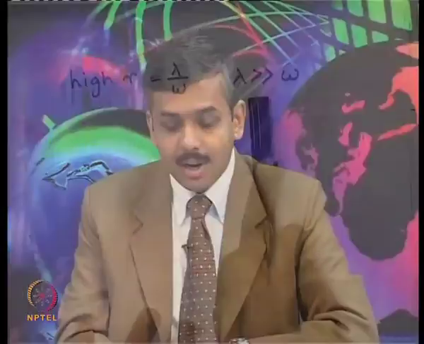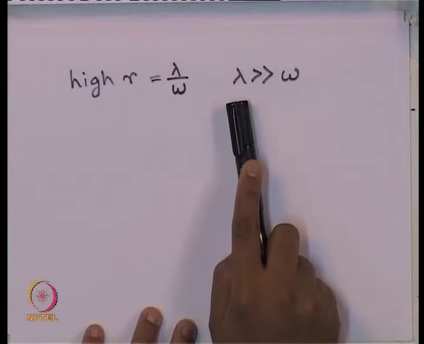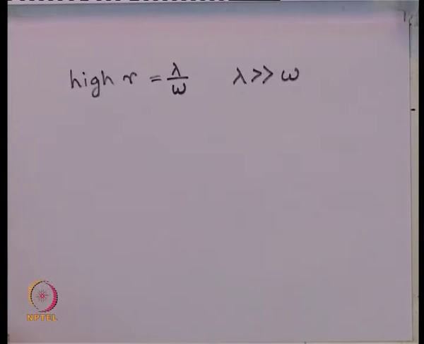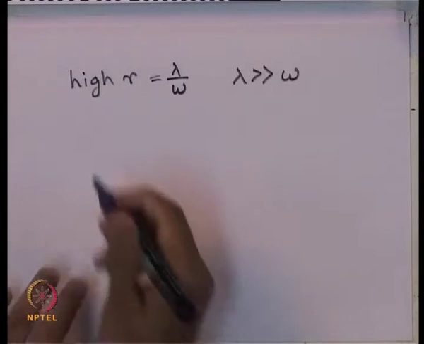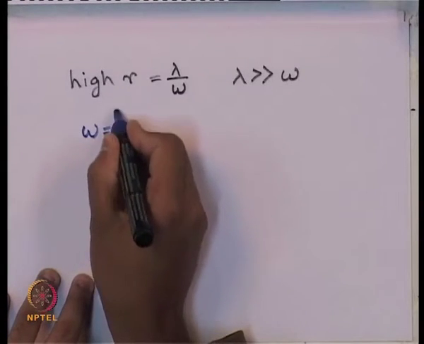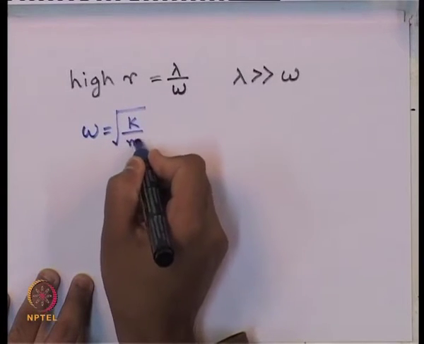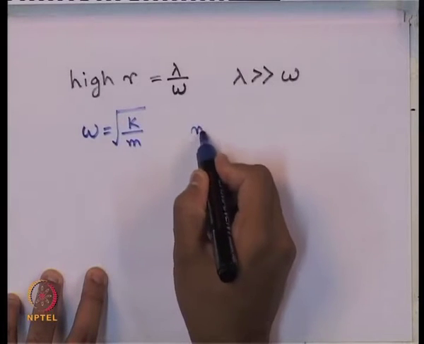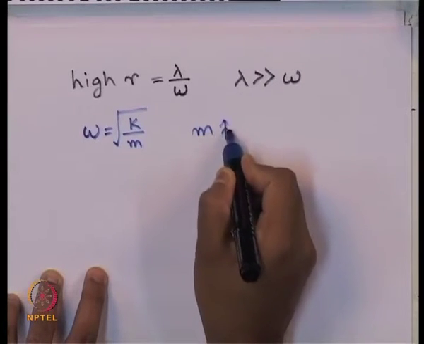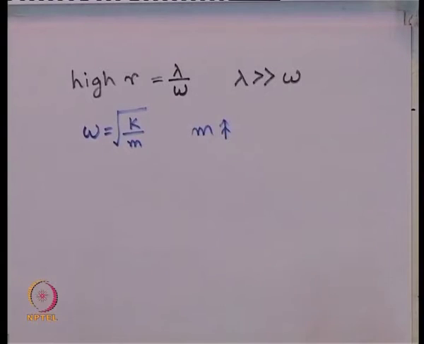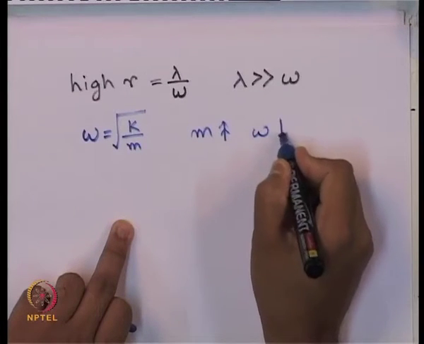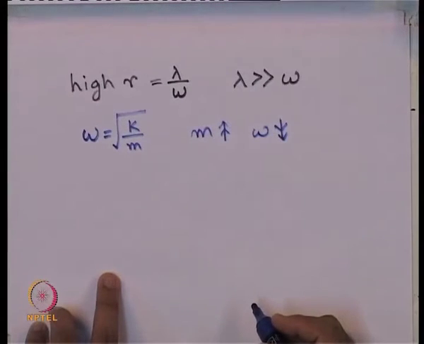So, if we want to make lambda very high compared to the natural frequency of the system, what should we do? Natural frequency is again root over k by m. If we increase the mass of the foundation very high, automatically our natural frequency will decrease.